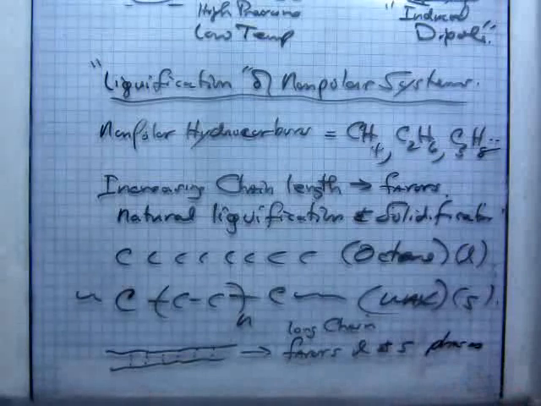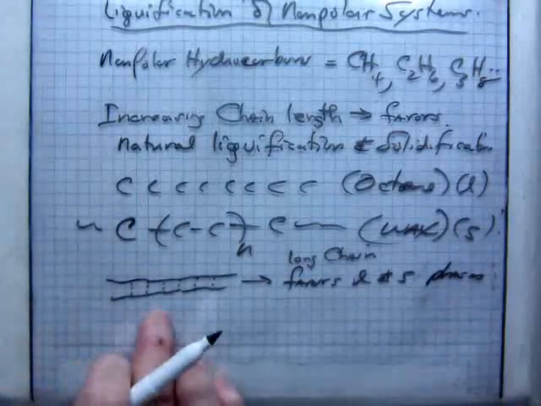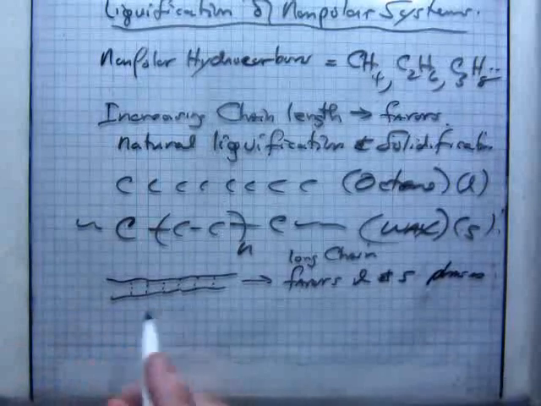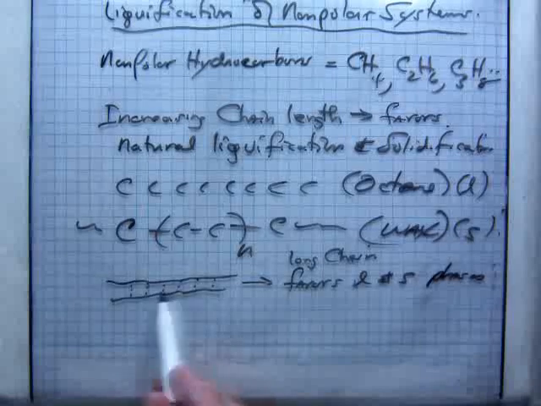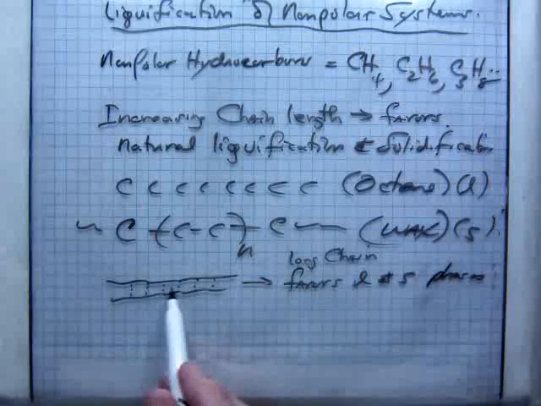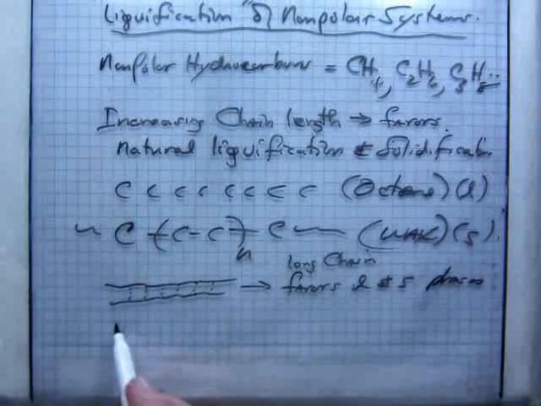Now, one little extra notation here in the larger structures. If there is a side group in this chain that breaks up this interaction, then that lowers the potential for solidification.